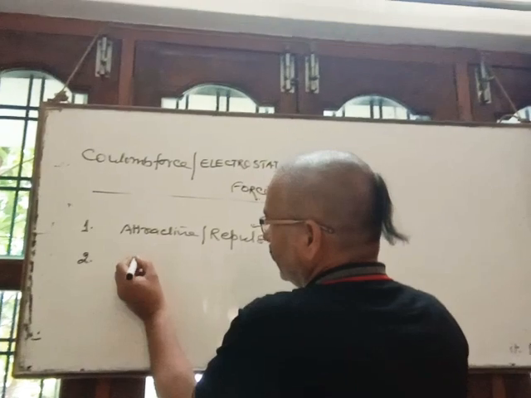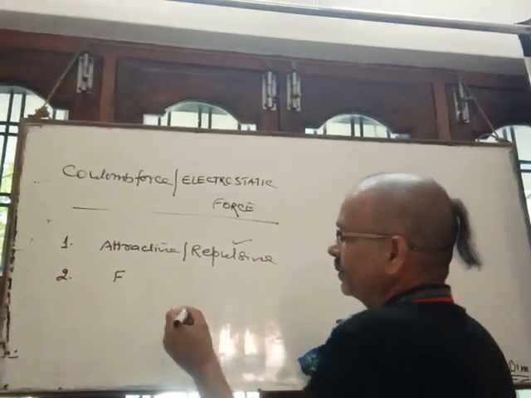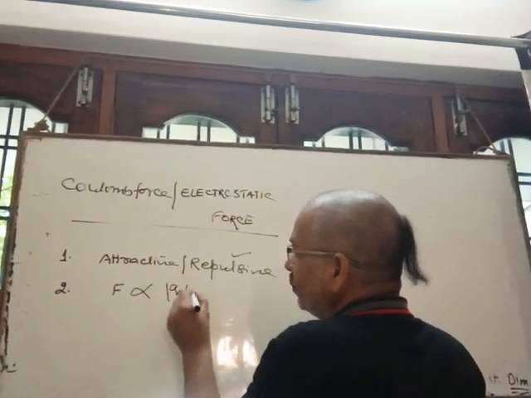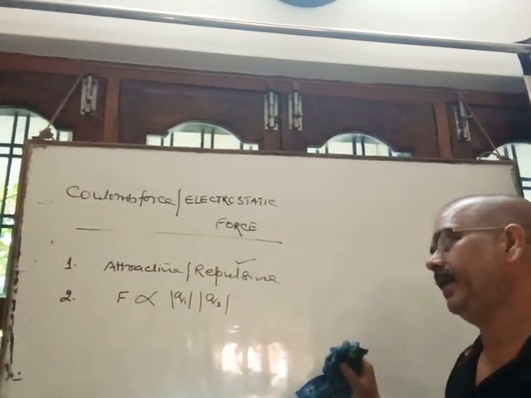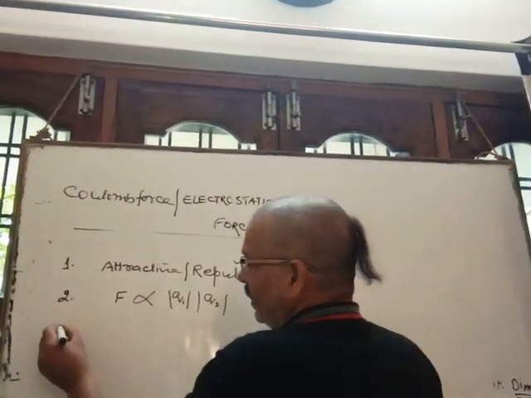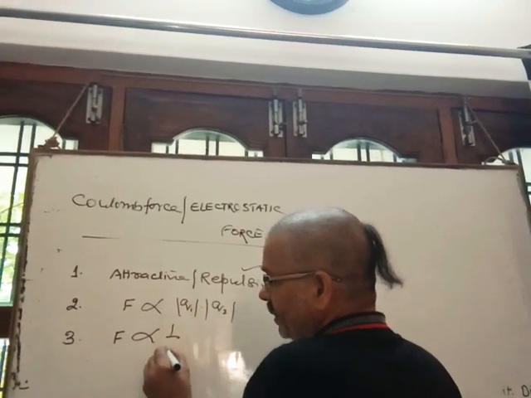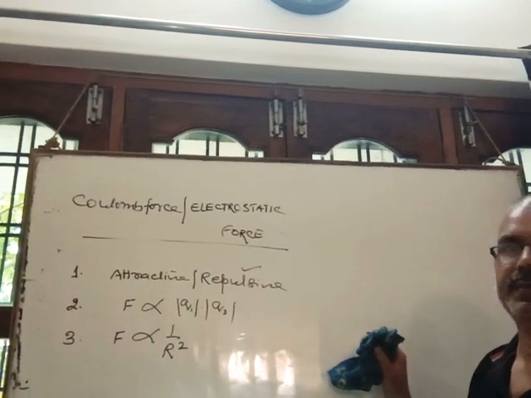Number 2, the Coulombian force depends on the magnitude of charges. Who is responsible for this force? That is charge. Number 3, it follows the inverse square law of distance, because it is inversely proportional to the square of the distance between them.